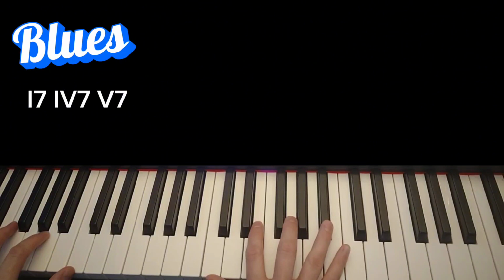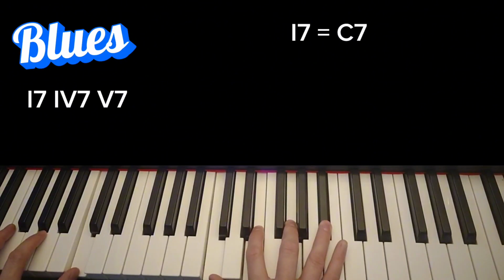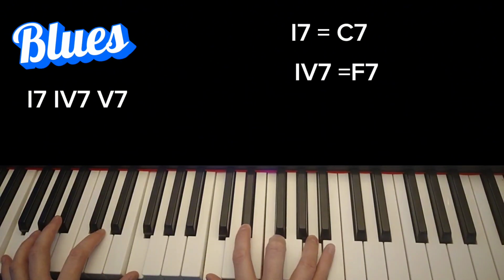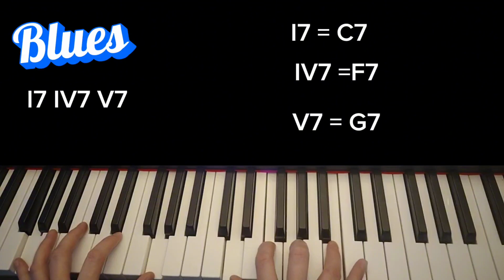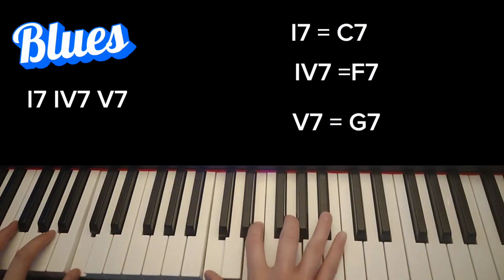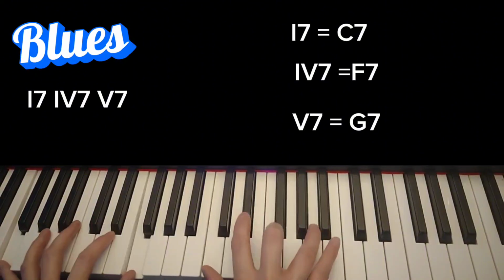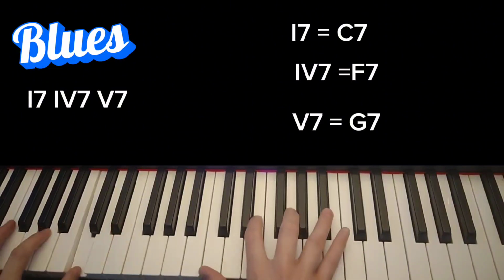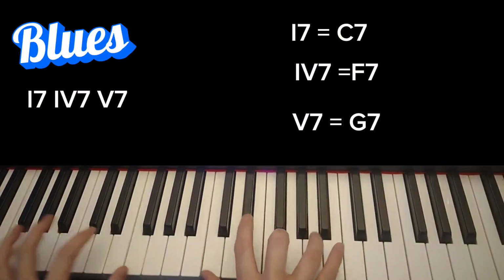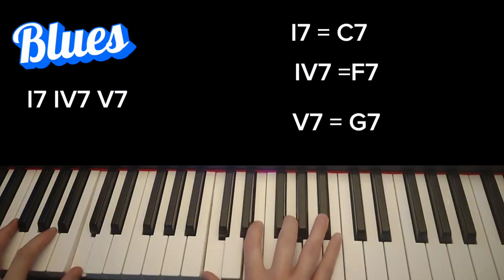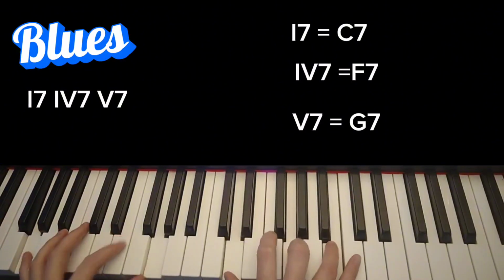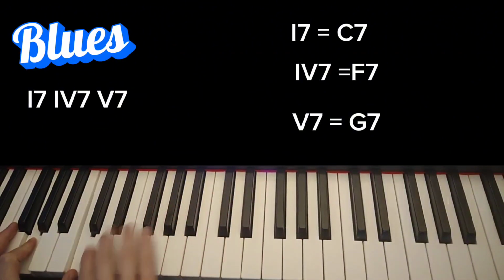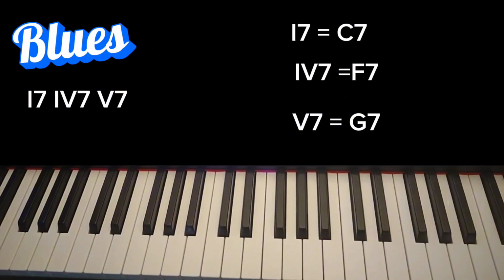So we have the C7 to an F7 to a G7. And there's your simple blues, 1-4-5.